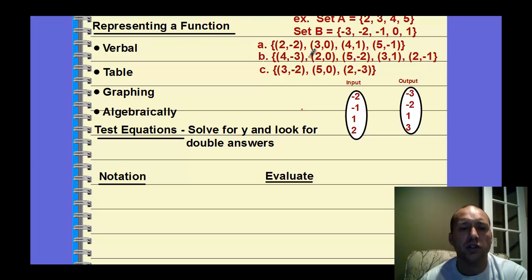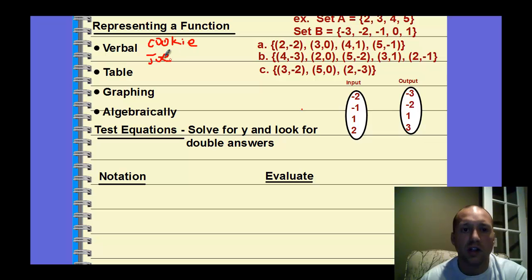So representing a function, we can look at a verbal, table, graphing, and then algebraically: 4 different ways to describe a function. A verbal description of a function: if I give good old Joe Schmo a cookie and we see what he does with it, the input is the cookie and the output is who eats it.